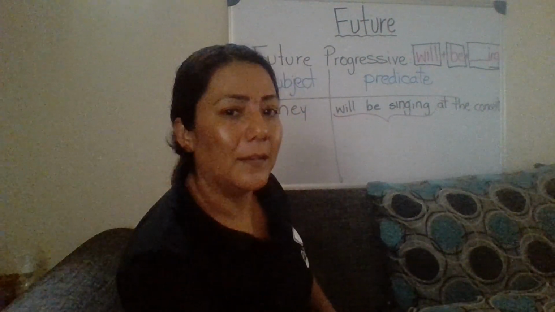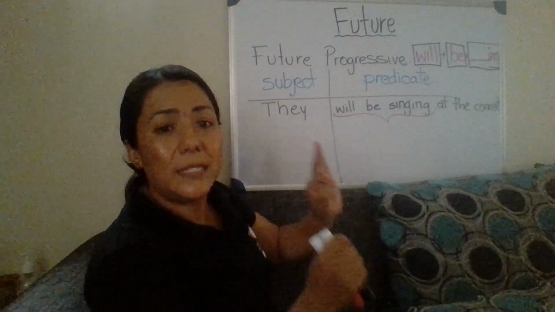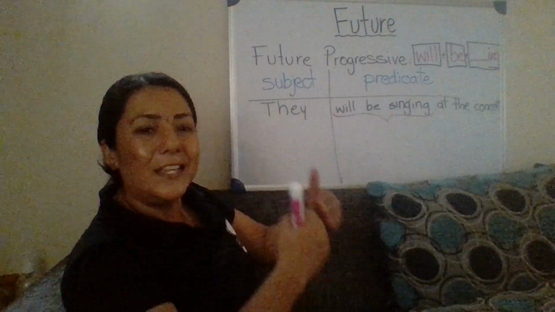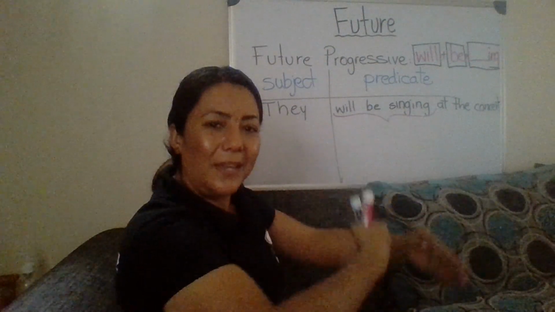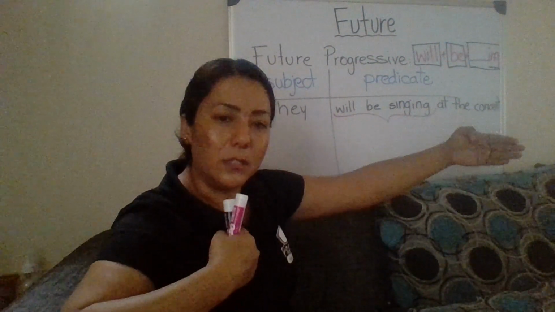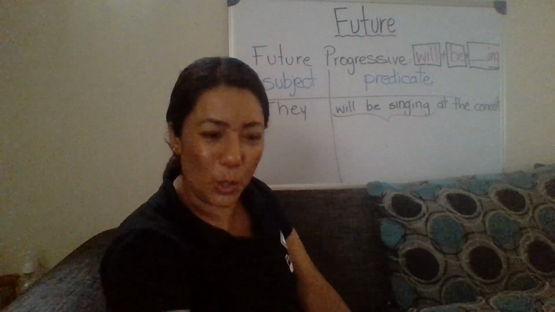So this is correct. They will be singing at the concert. Like I said, this action will continue and go on and on and on during the concert. That is future progressive. Okay?